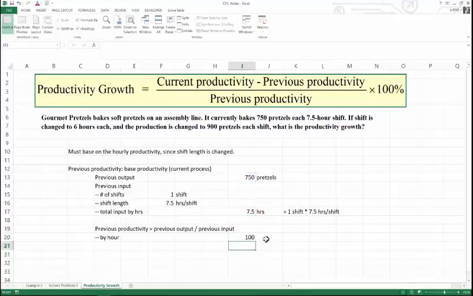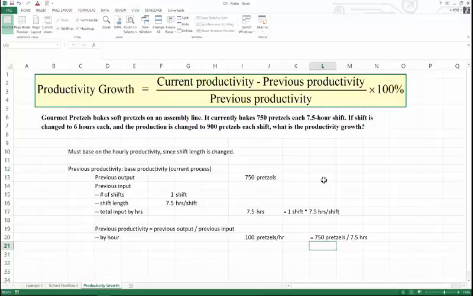What we get here for previous productivity is 100 pretzels per hour. It is calculated as 750 pretzels divided by 7.5 total hours. Now this is what we got for previous productivity.